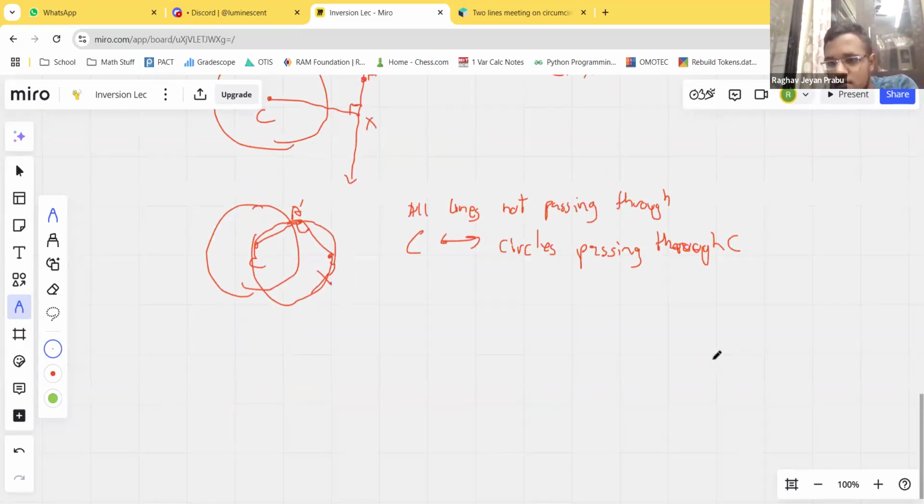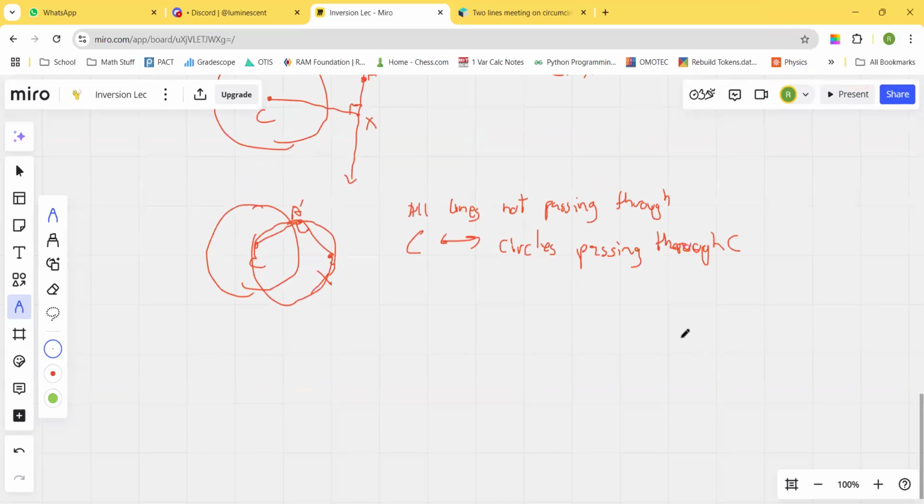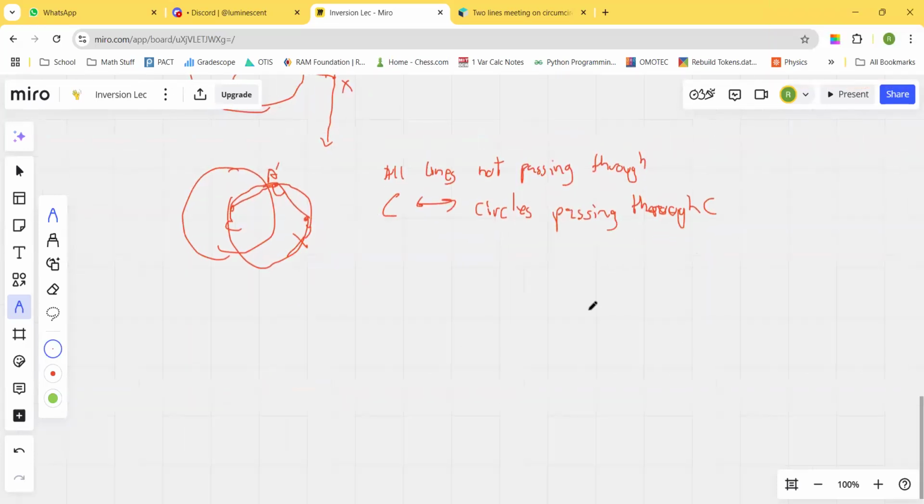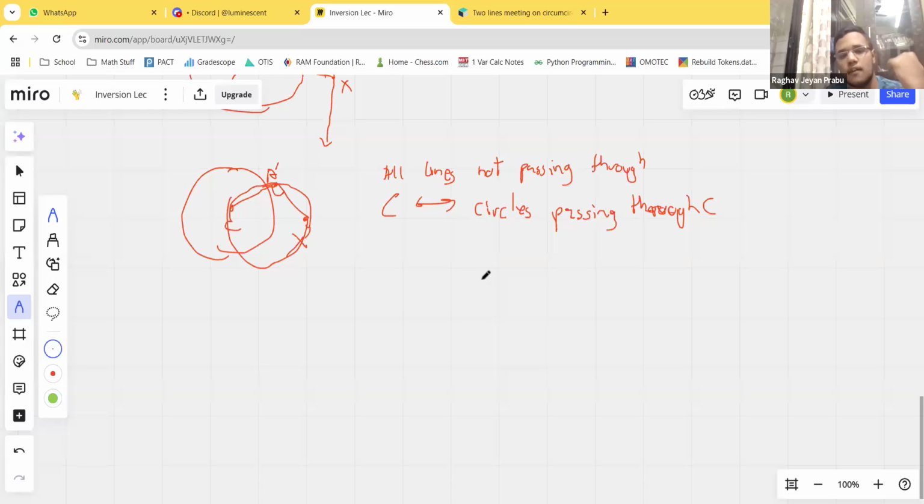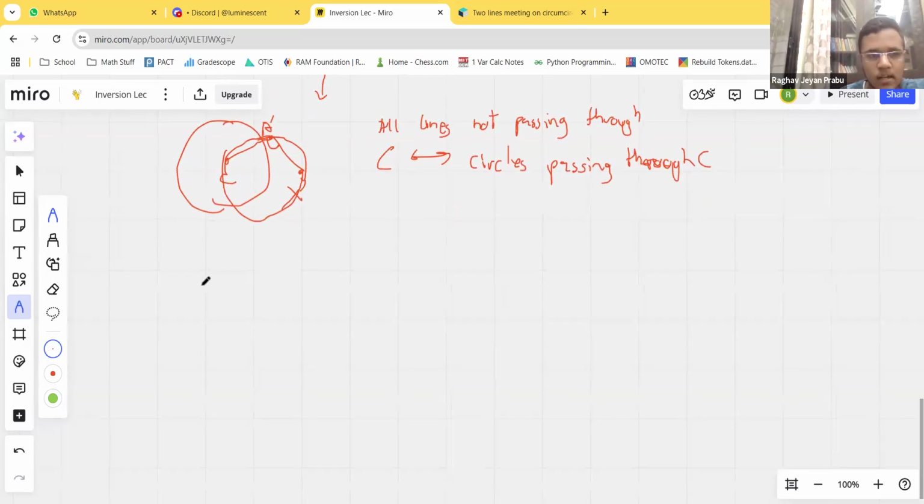Any doubts? Yeah, got it. Cool. So this also means that every circle passing through C would become a line not passing through C, like if you invert two times, you get the same diagram back.